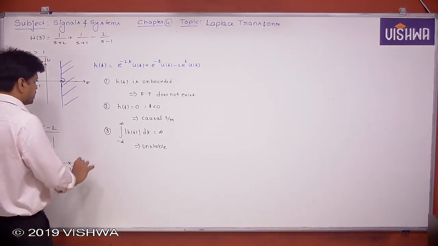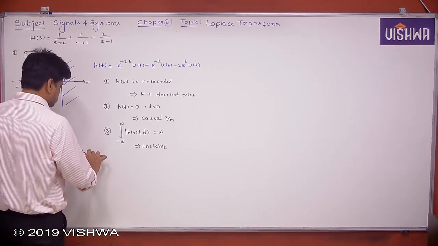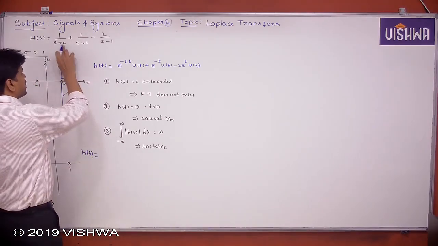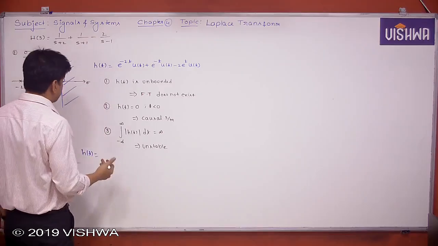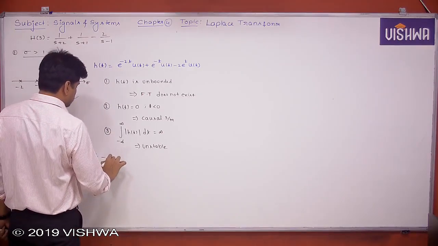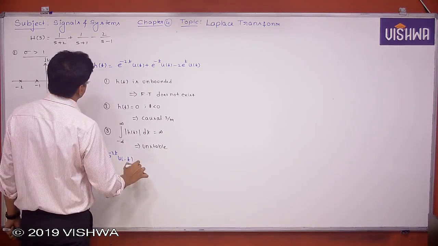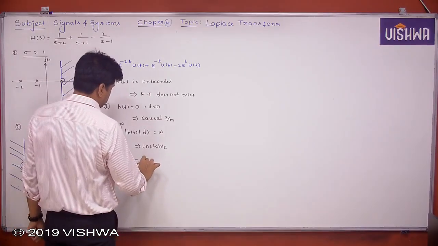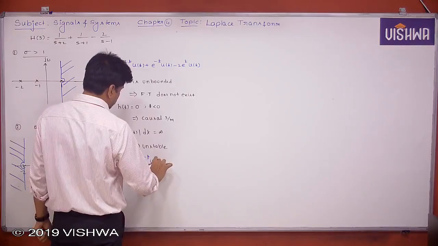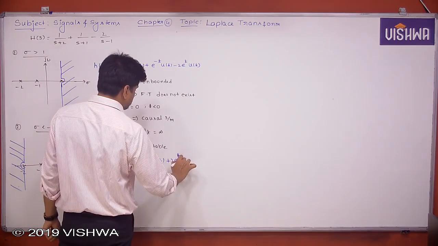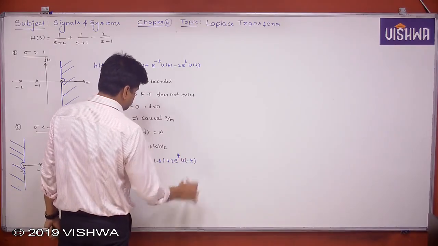Then what is h of t? H of t is equal to everything written on the left side, so the signs have to be changed: minus e power -2t u of minus t, minus e power -t u of minus t, plus 2 e power t u of minus t.